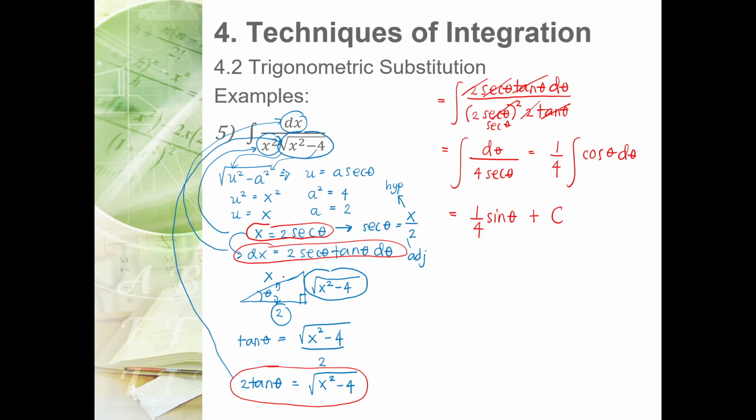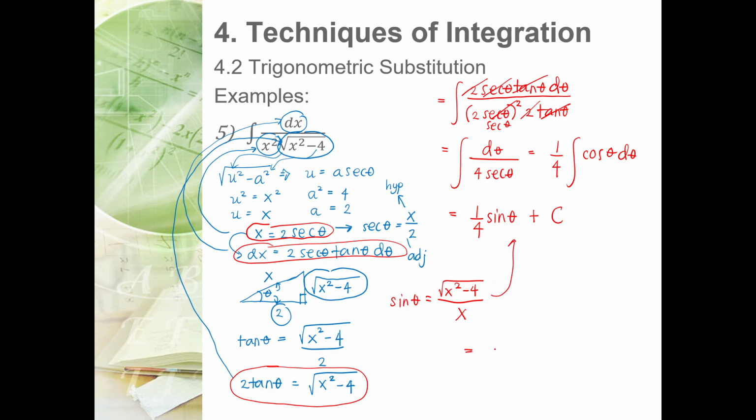So again, looking back at our given triangle earlier, sine theta: the opposite side is square root of x squared minus 4, the hypotenuse is x, right? So that gives the sine function.